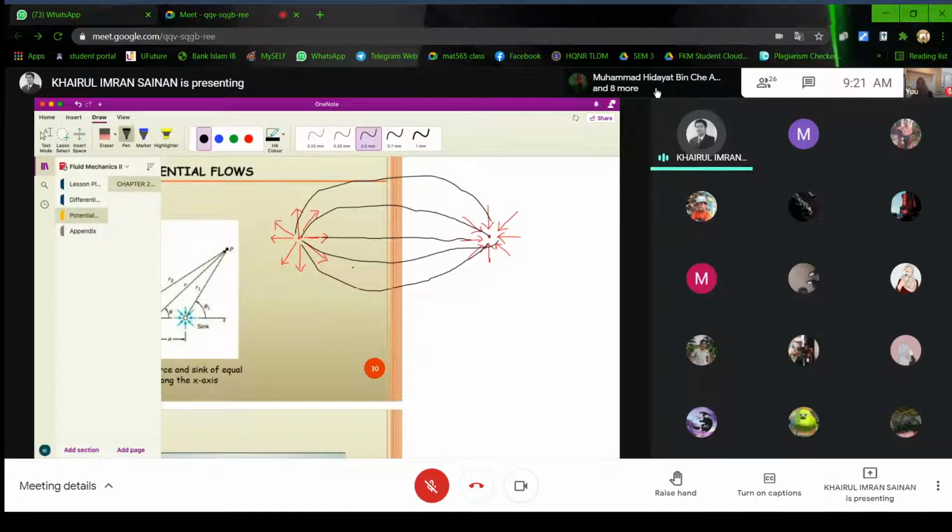Okay, if you draw it like this, it's okay, but maybe you want to make it more clear in order for me to judge whether you understand or not. So this is sink, and this one is source. So meaning this arrow will be attracted to this side.